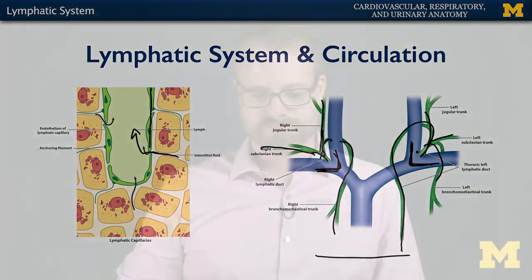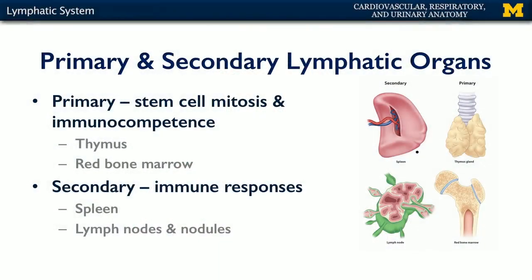on the left side. Now, there are various organs which comprise the lymphatic system, and we can divide these up into both primary and secondary lymphatic organs. Primary lymphatic organs are things like the thymus gland and red bone marrow, or hematopoietic connective tissue. These are places of stem cell mitosis and immunocompetence, meaning stem cells which would give rise to blood cells are creating new blood cells.